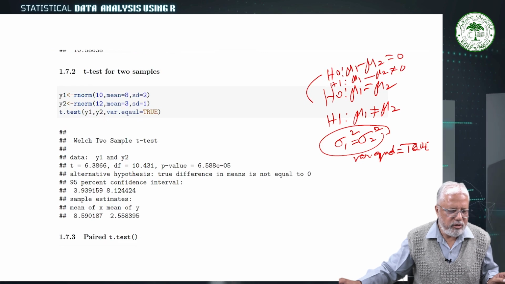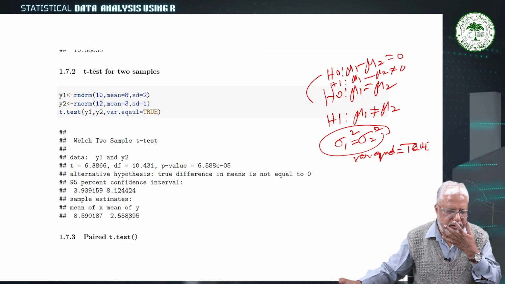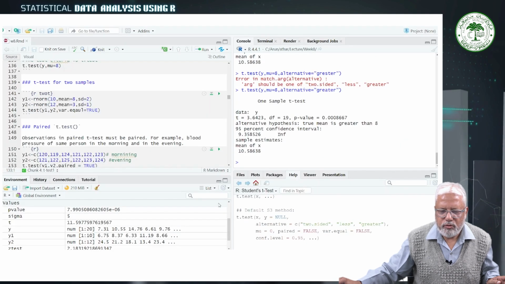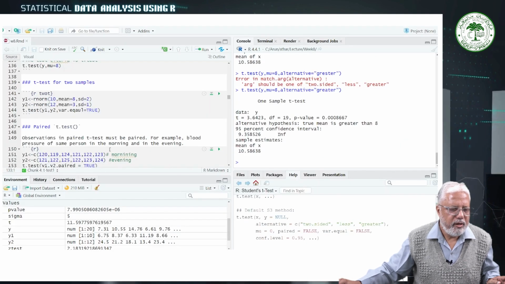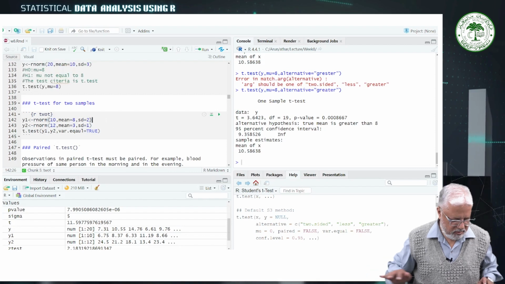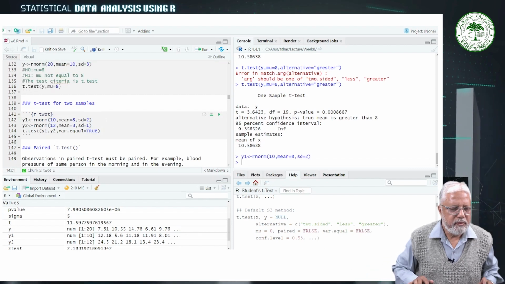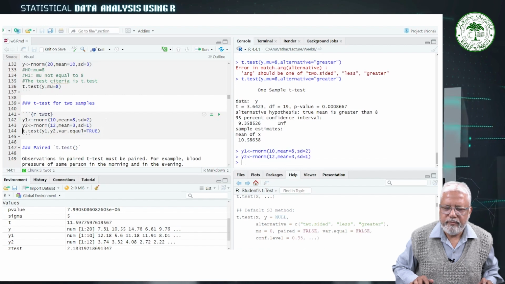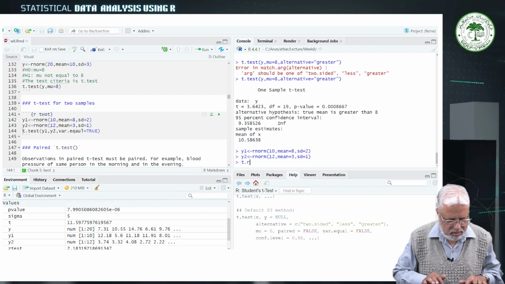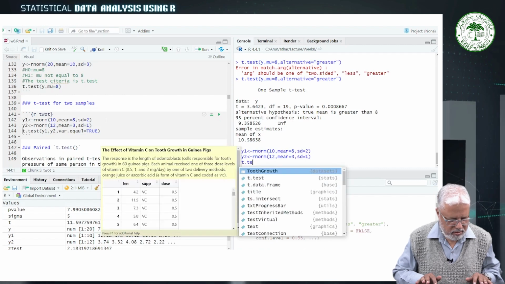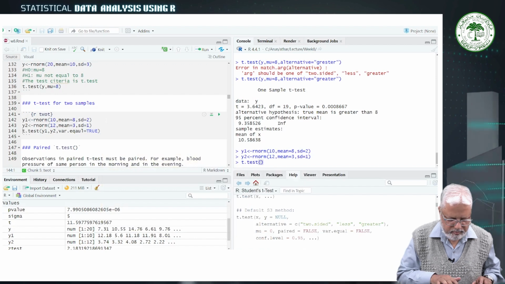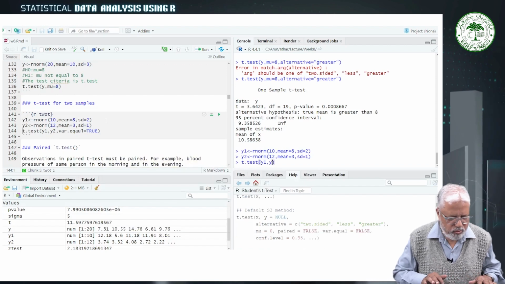These are the values of the mean of x, and this is the mean of y. So actually, see, we will run t.test(y1, y2).